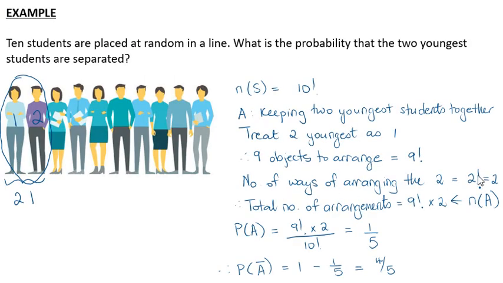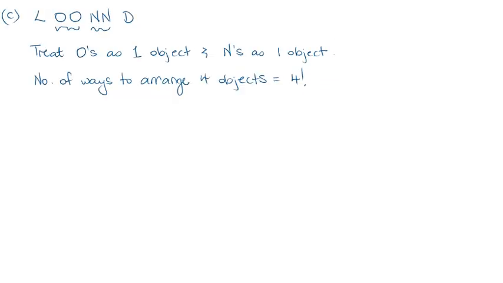All right. So it's just now working out the probability. Let me define my C, which is keeping the O's adjacent and the N's adjacent.